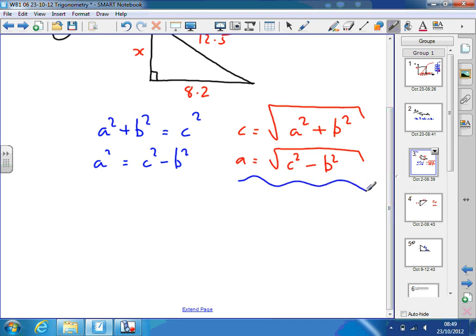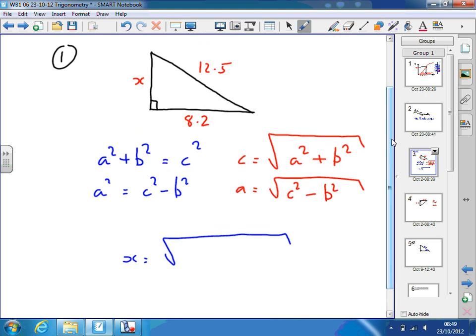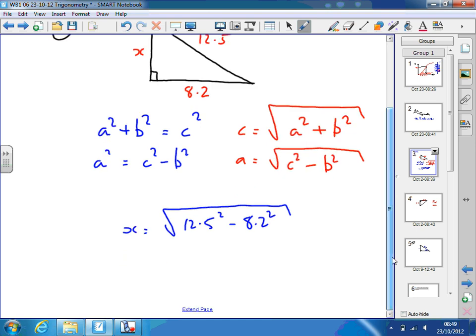So now all I've got to do is plug in the numbers, so therefore x is going to equal the square root of the hypotenuse squared, which is 12.5 squared, minus the other side squared. So you do that in one hit on the calculator, hit the square root button and put the numbers in, and you get the answer.